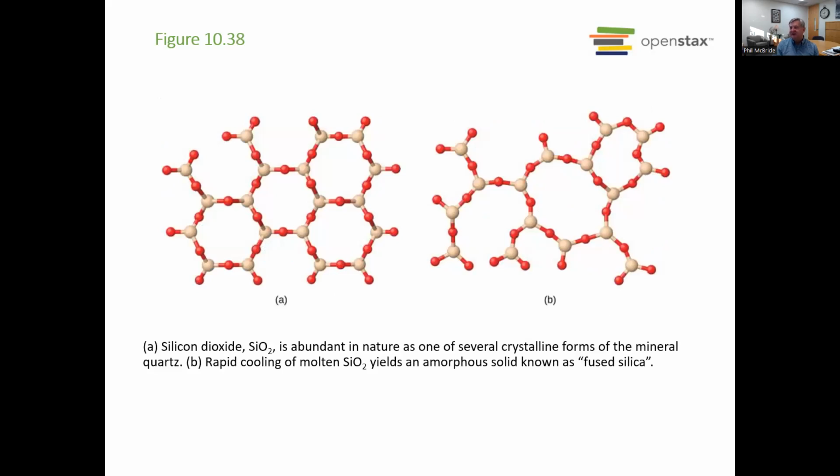So silicon dioxide has a nice organized structure on the left, but on the right, we have rapid cooling. You'll notice that it's more amorphous, so it's not the nice little structure it was on the left. So the left is more crystalline, the right is amorphous, so it's more random.